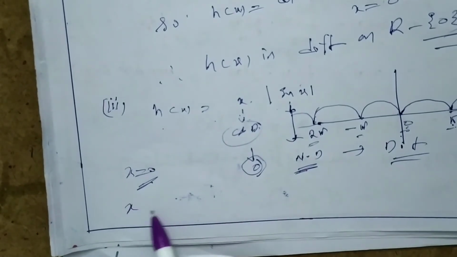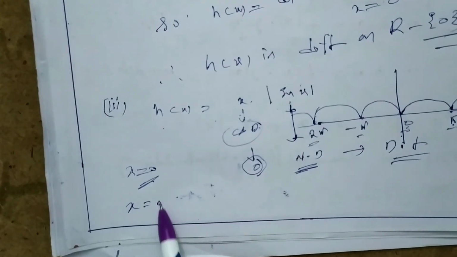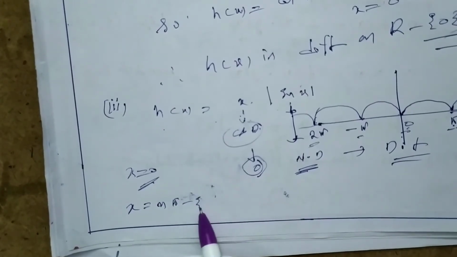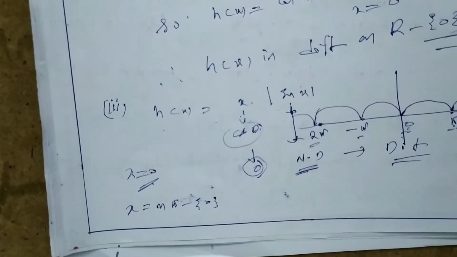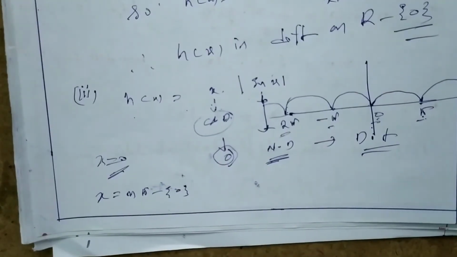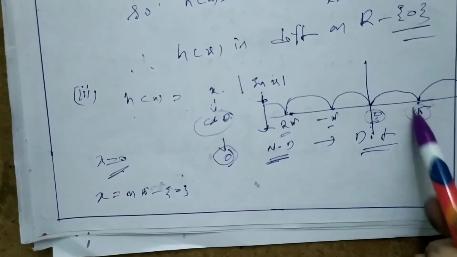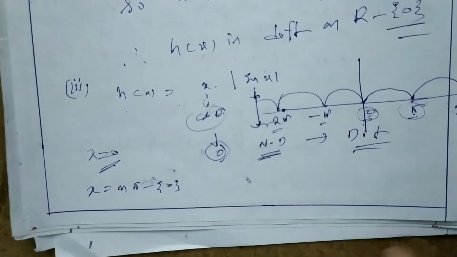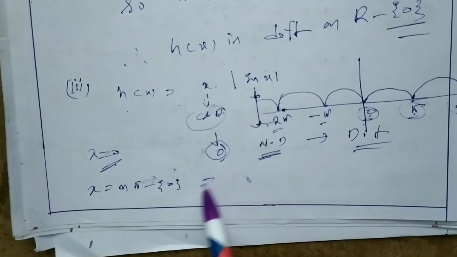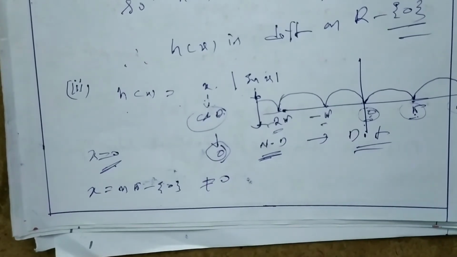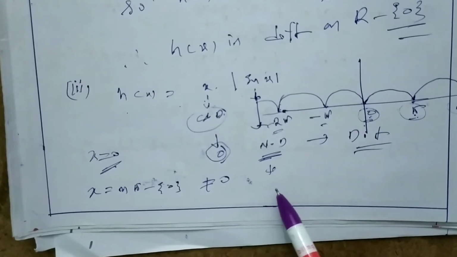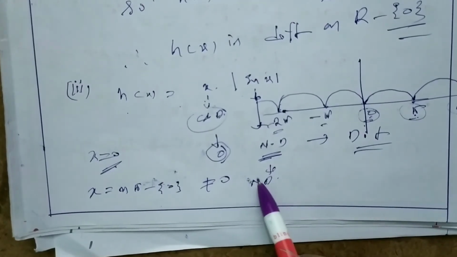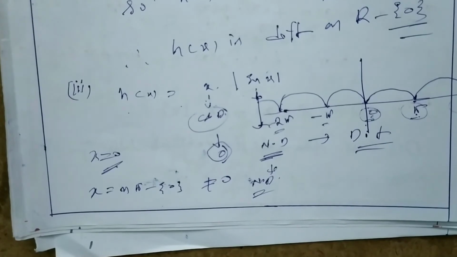Suppose x is equal to n pi, n not equal to 0. If you observe this point, n pi with n not 0 means except 0: pi, 2 pi, minus pi, minus 2 pi. At all these points the first function x is not equal to 0, but the second function is not differentiable.